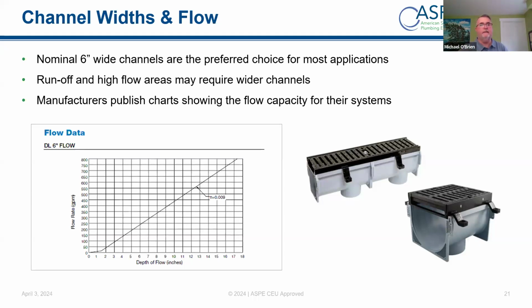So typically you can find out what the width and depth should be, or what the flow would be for different widths and depths, through a chart from the manufacturer. So that gives you an idea of whether you can handle a particular volume of water. So where I would see that, in my application being more food and beverage, is if there's a tank at a distillery that lets go, and they want to be able to contain that in a floor drain, in a trench drain, so that they can treat it.